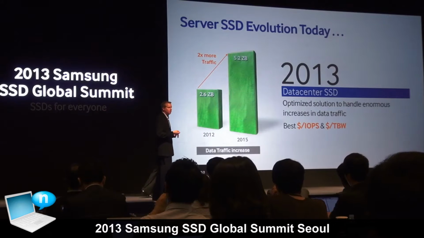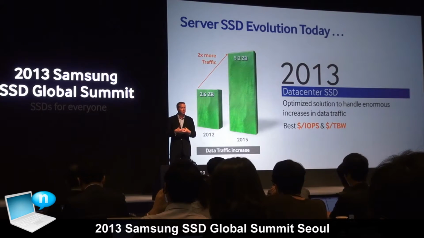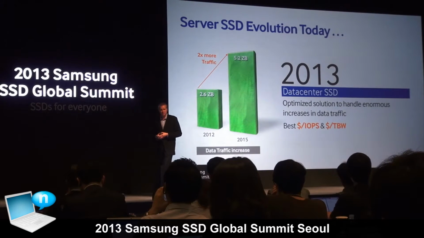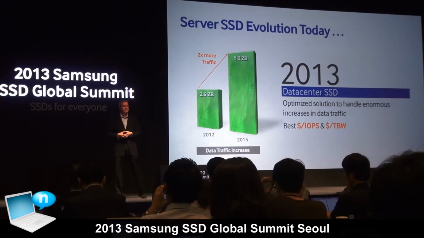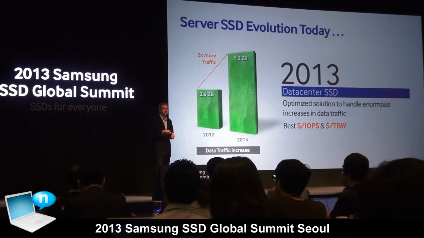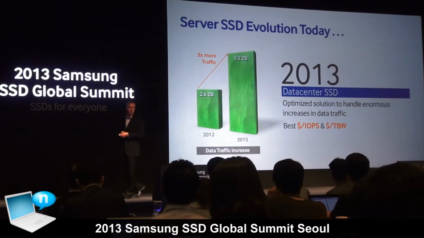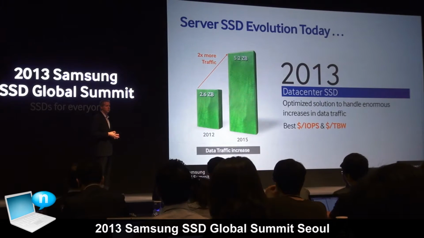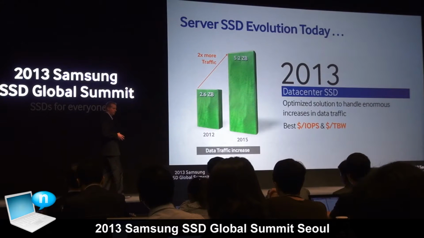All those videos, all those photos, all those billions of connected devices. You really need an SSD in a data center to be able to manage that efficiently and quickly with less power. So again, you're talking about much better IOPS, much lower power. So your IOPS per watt, much, much better from a total cost of ownership perspective, which is why we expect to make so many inroads in the server and data center space.